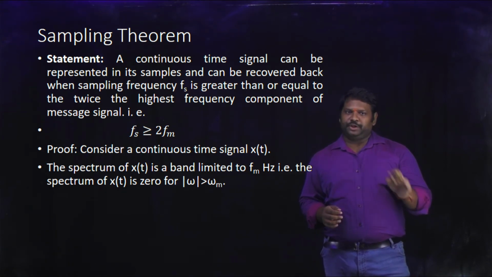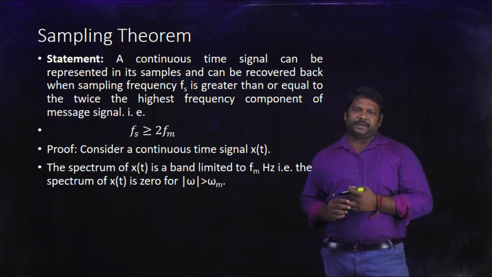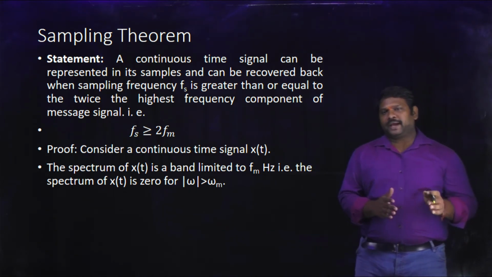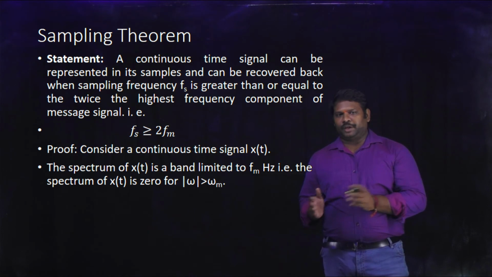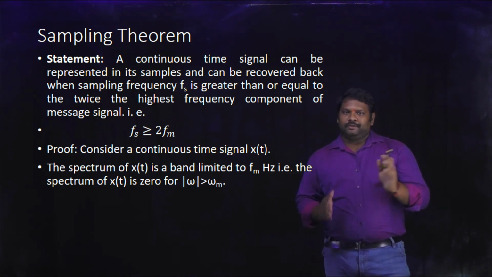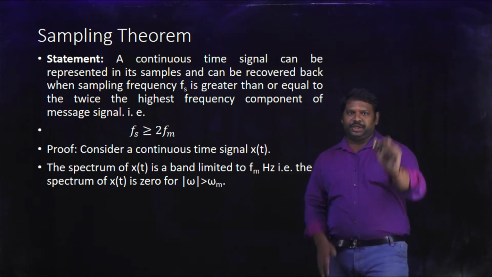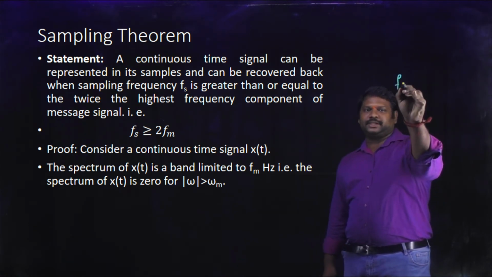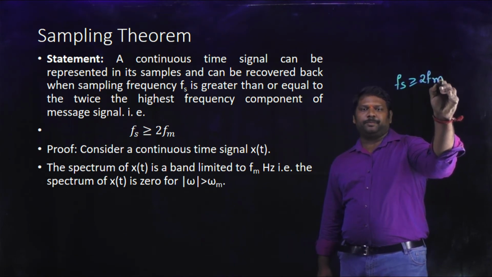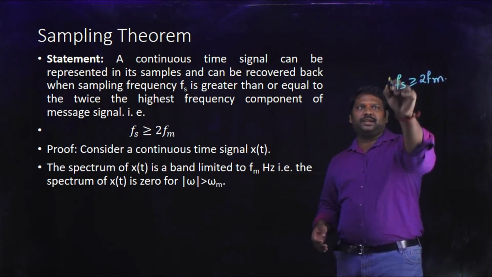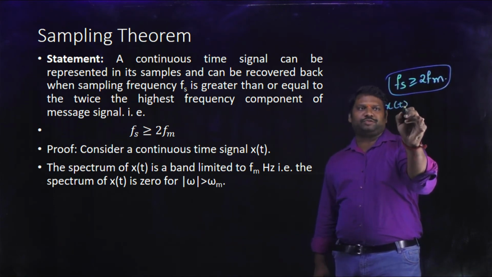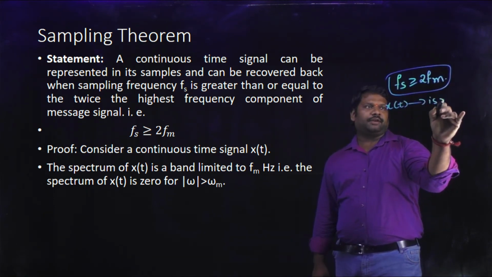That means a continuous time signal can be represented by its samples and can be recovered back when the sampling frequency Fs is greater than or equal to 2Fm. Only under this condition is the continuous signal x of t recovered back.